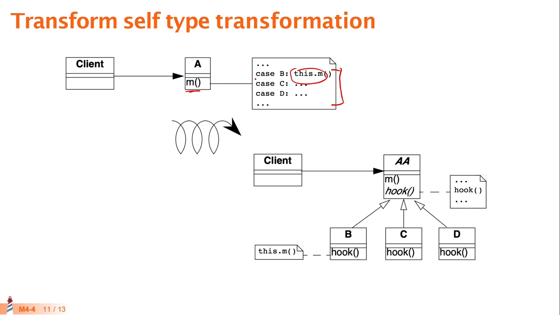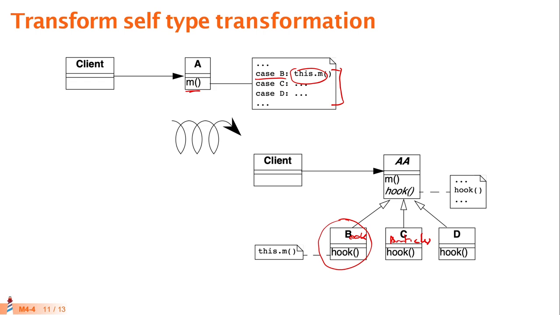In this case, for example, for the case B, we are going to have a new implementation, and the idea is that we are going to have a new class B that handles that behavior, and only that behavior. For example, B could be our class representing the books, and C could be for our articles, and so on.